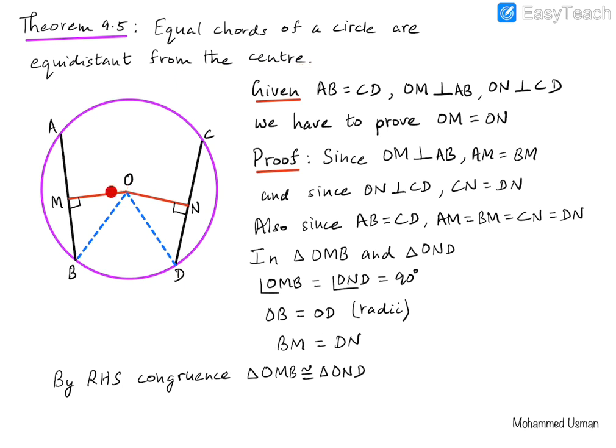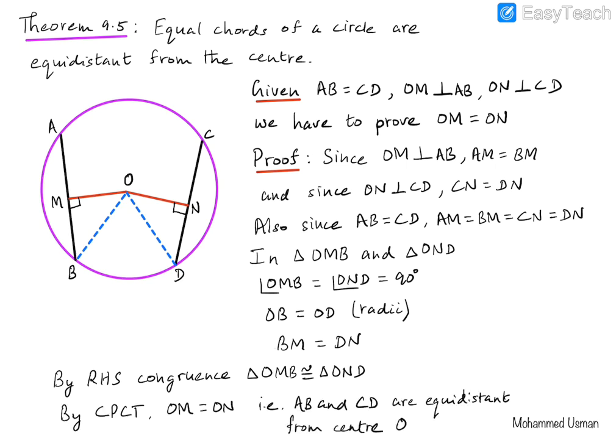So in this way we have shown that OM equals ON, and therefore the chords AB and CD are equidistant from the center O. We started off with the chords having equal length, and we have shown that the chords have equal distance from the center of the circle, which is what the theorem states.